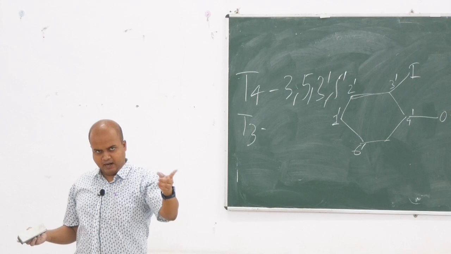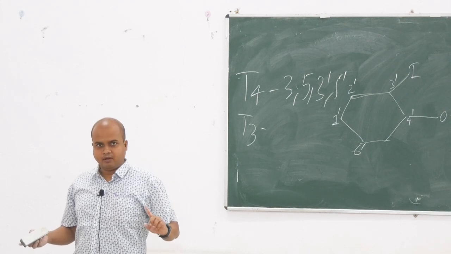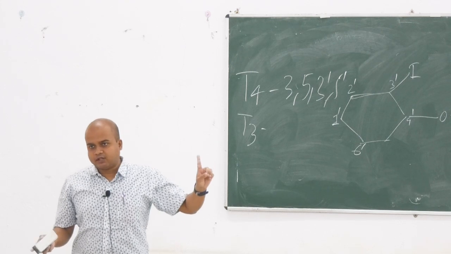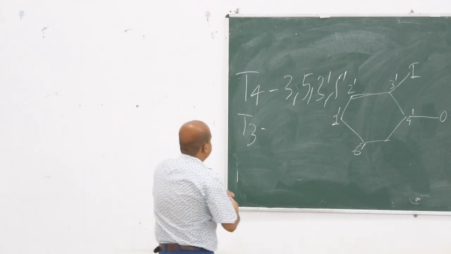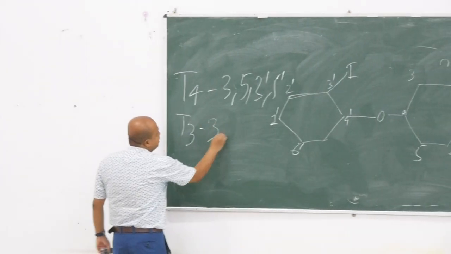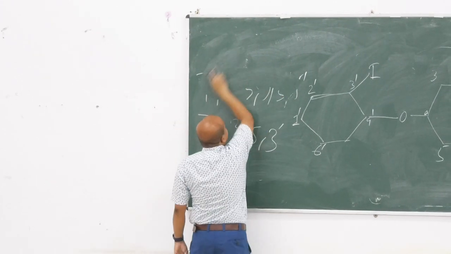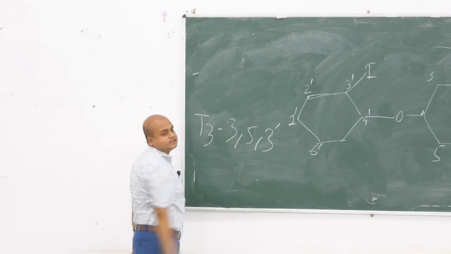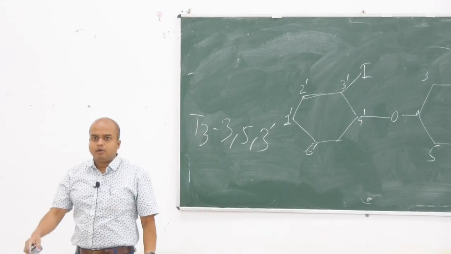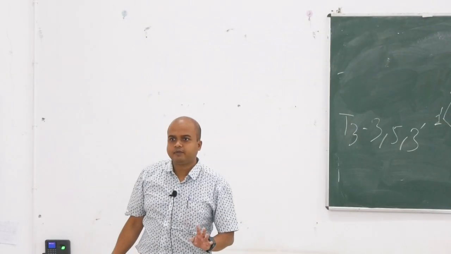If 2 iodines, then third and fifth. But if only 1 iodine, to the third position. So if T4 was the previous one, T3 is this one. You got it? It is simple.